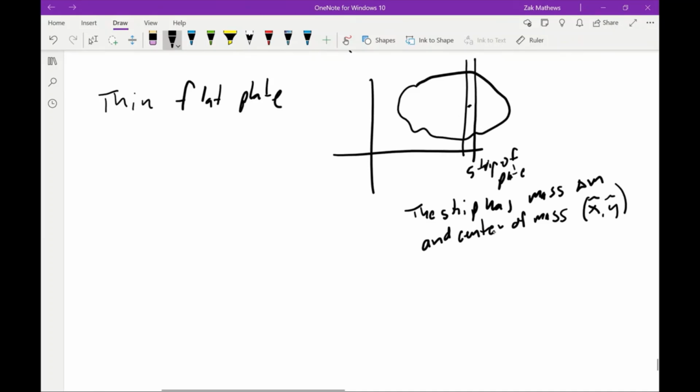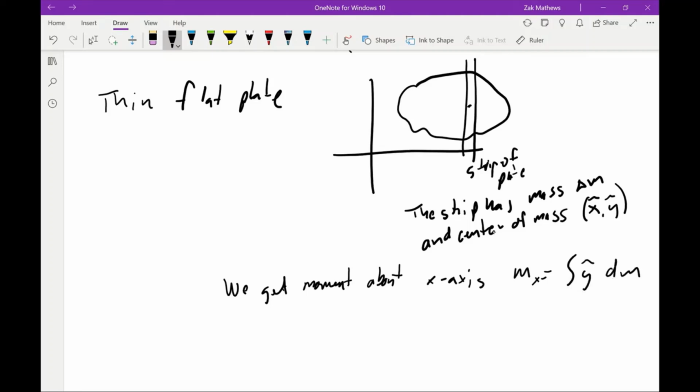We can get the moments here about the x-axis. Mx is equal to the integral of y dm. And the moment about the y-axis is equal to the integral x wiggle dm. Calculating each of these moments of the strips independently, and then we'll be able to join up all these strips.